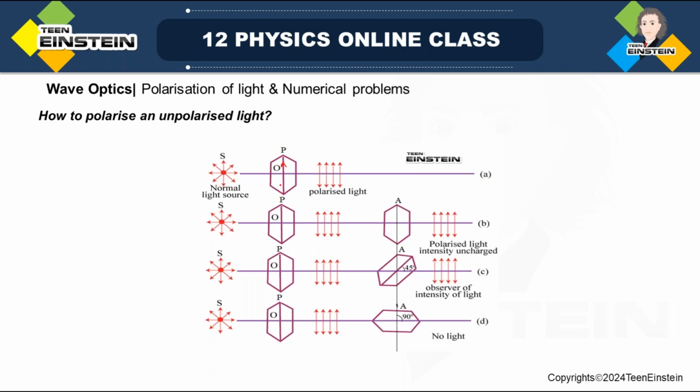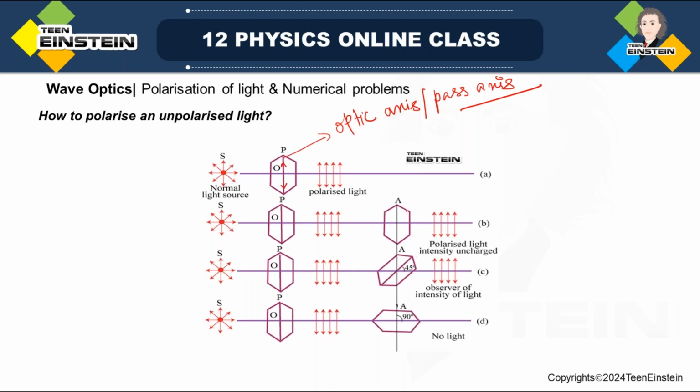You can see that this is the optic axis or pass axis of the polarizer, because it allows light rays, or electric field vectors, which are oscillating in a plane parallel to this optic axis to pass. That's why this axis is called the pass axis or optic axis.